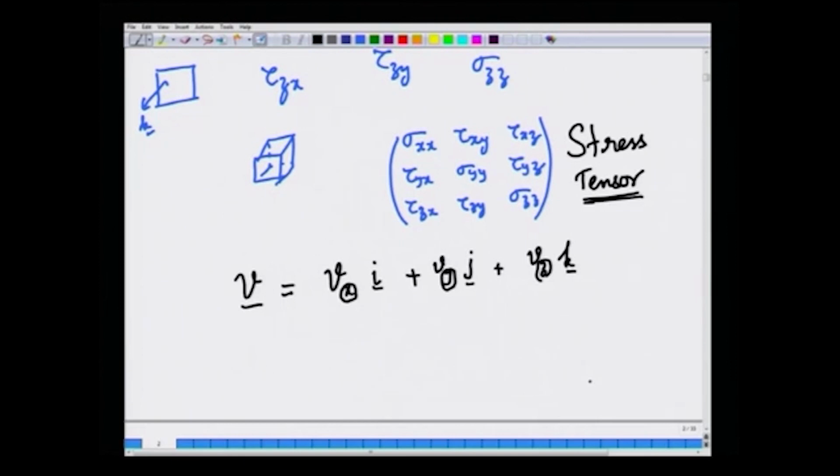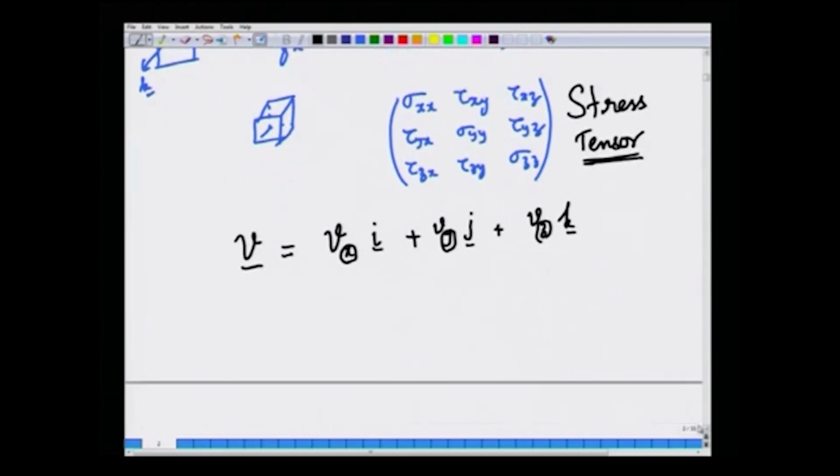Velocity is a vector, and has only one physical direction associated with it, namely the direction of the velocity itself. But if you consider something like a stress, which is denoted with two underlines to denote that it is something higher than a vector, it is actually a tensor because it has 2 physical directions associated with it.